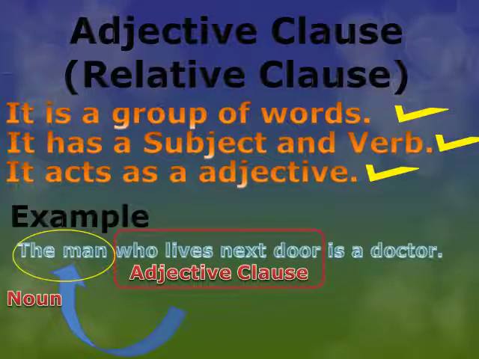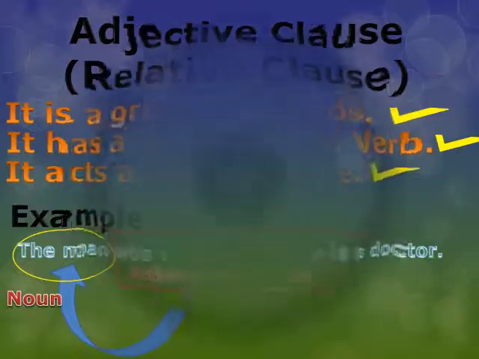So this is the adjective clause because it is describing the noun "man". That means the man who lives next door. So "who lives next door" is an adjective clause for the noun man.